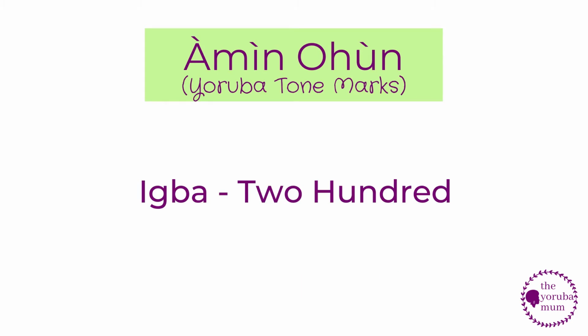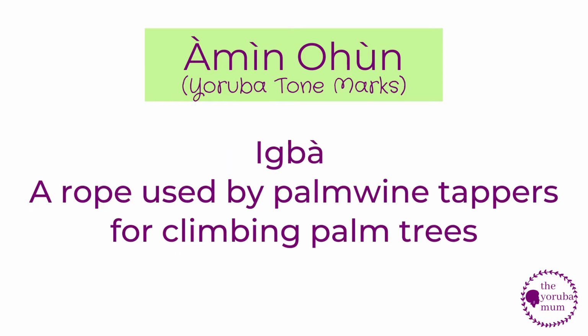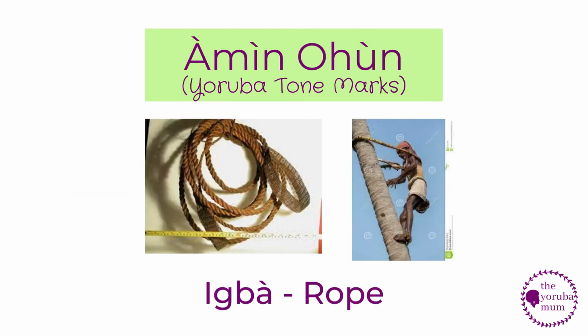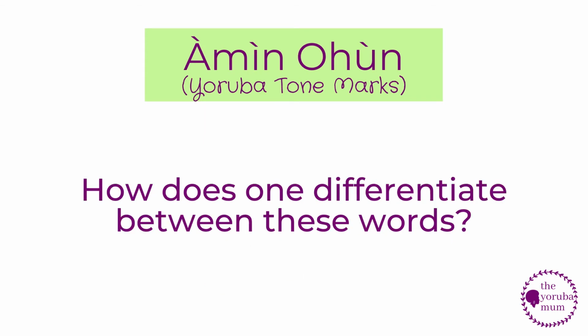Igba means 200, or Igba. Igba means a rope that palm wine tappers use for climbing palm trees. Now, these are different pronunciations of the word spelled I-B-A.